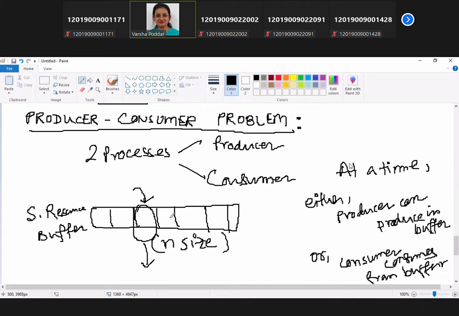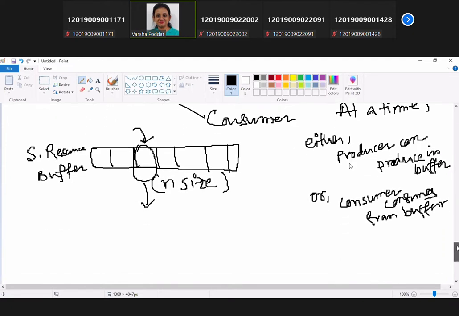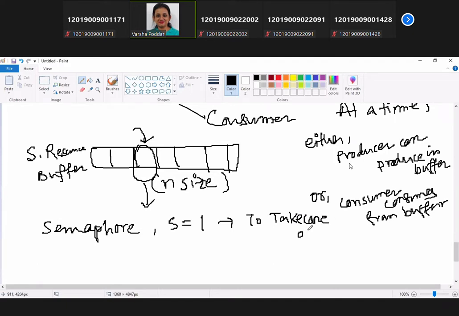I hope you have understood the problem, right? Now, first we will be defining the semaphores that we will use. So we will be defining a binary semaphore S. This is to take care of the critical section, that is your shared resource.